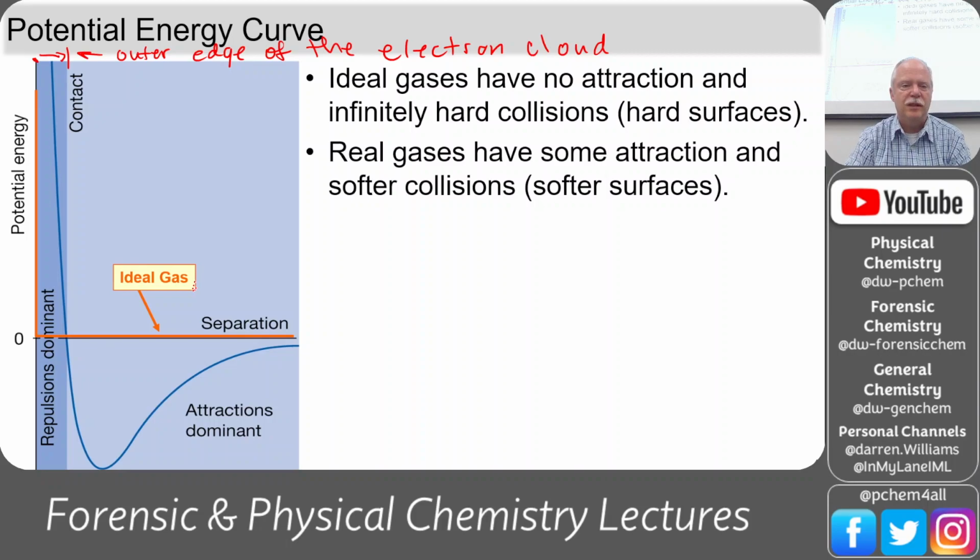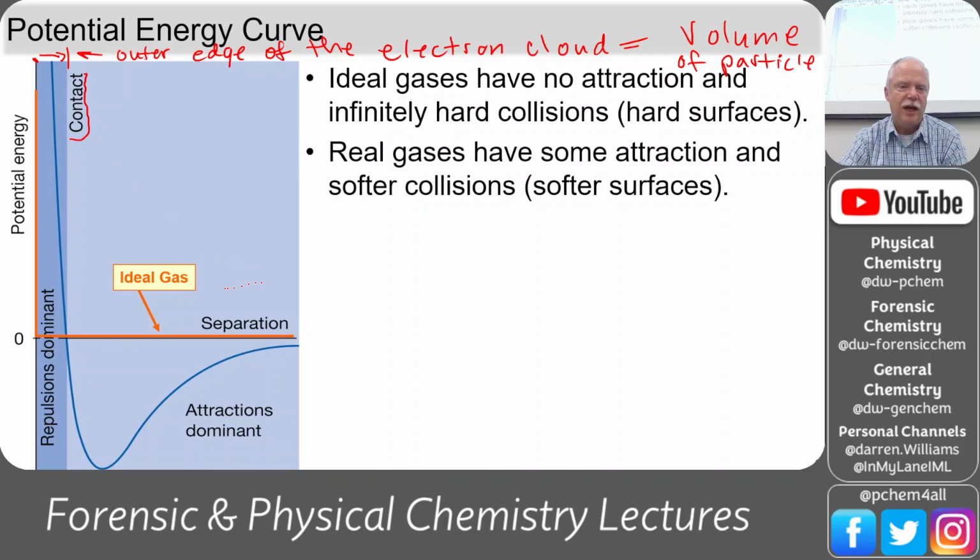Now, ideal gases, we say, have no volume. So this is what makes up the volume. This outer edge of the electron cloud equals the volume of the particle. Okay. And so they would hit. When their electron clouds touch, they would hit. That's what we mean by contact here.